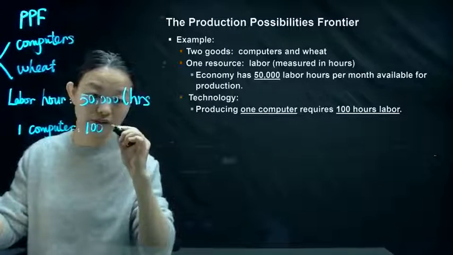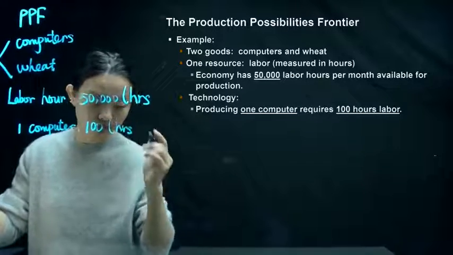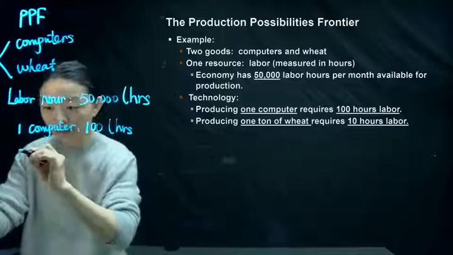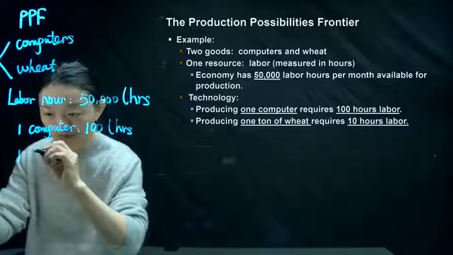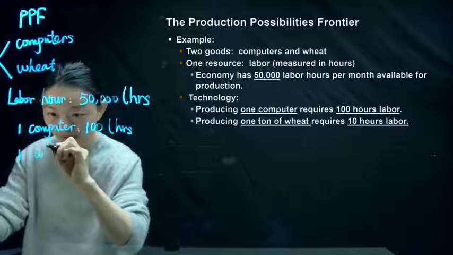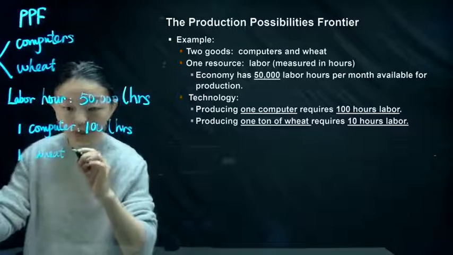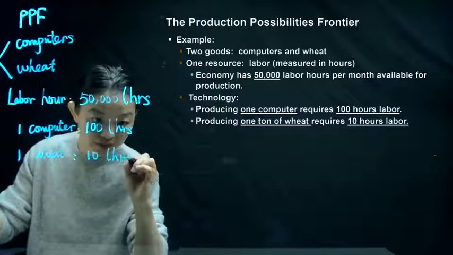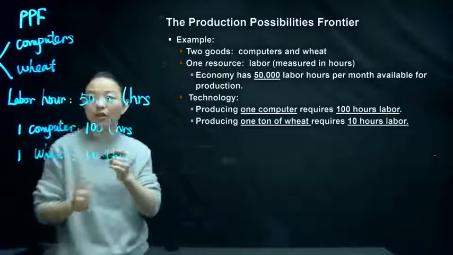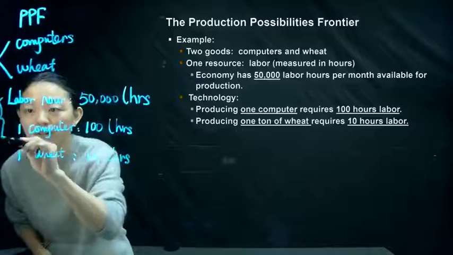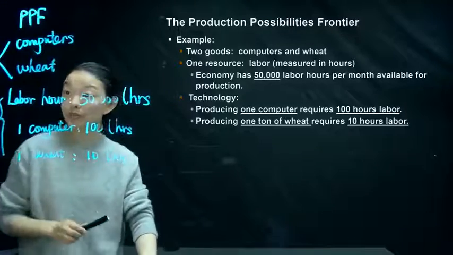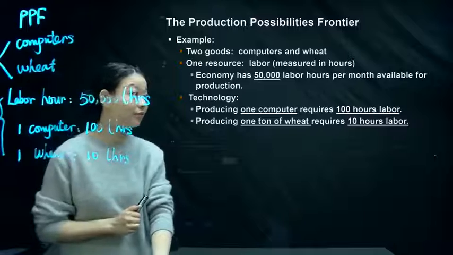And producing 1 ton of wheat, I just put one wheat, but it's measured by ton, requires 10 labor hours. So those are the given information in this example. So how can we draw a PPF based on this information?